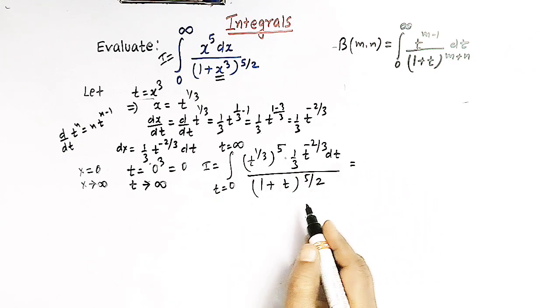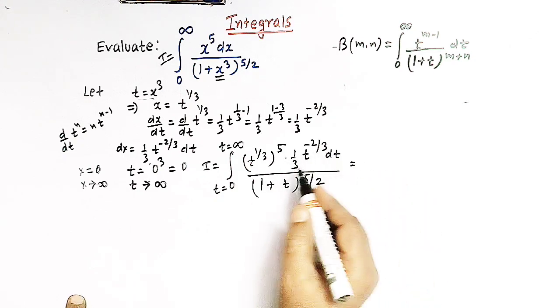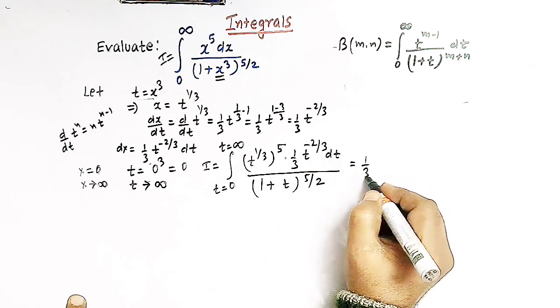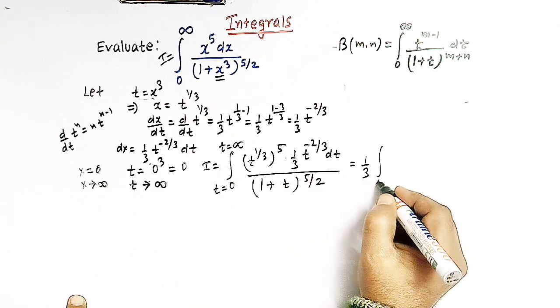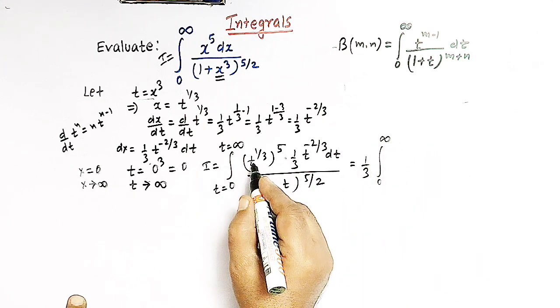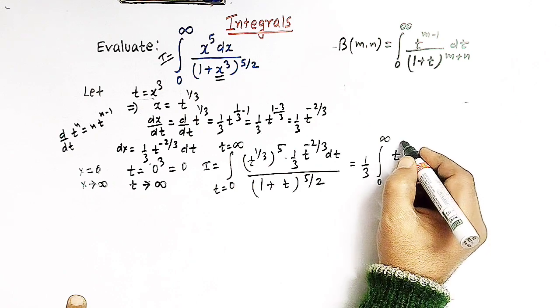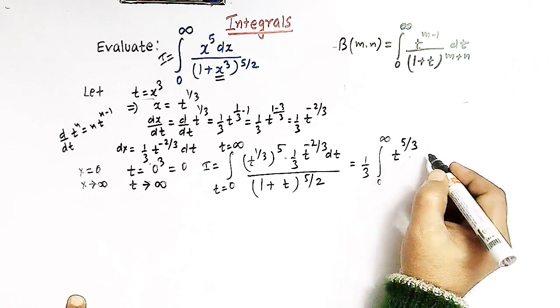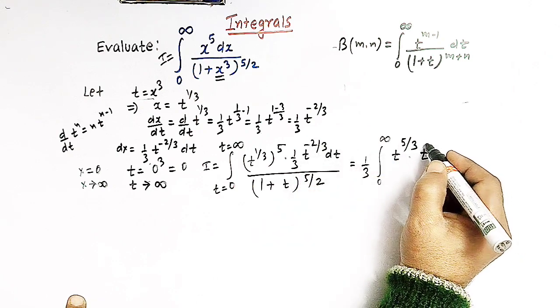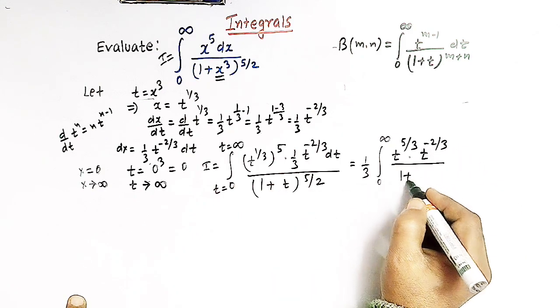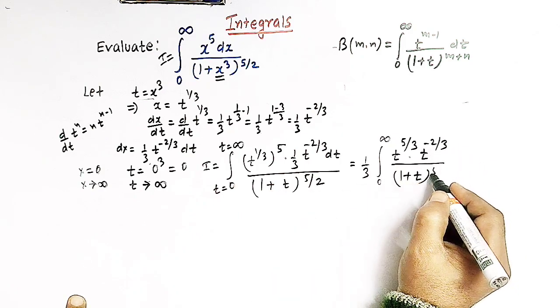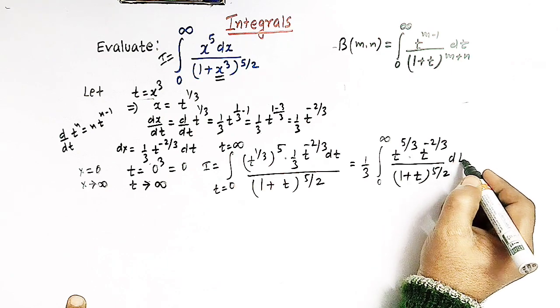So now let us arrange the terms and simplify. We can take 1 over 3 outside the integral. We have 0 to infinity, then t raised to 5 over 3, and t raised to minus 2 over 3, and (1 plus t) raised to 5 over 2 and dt.